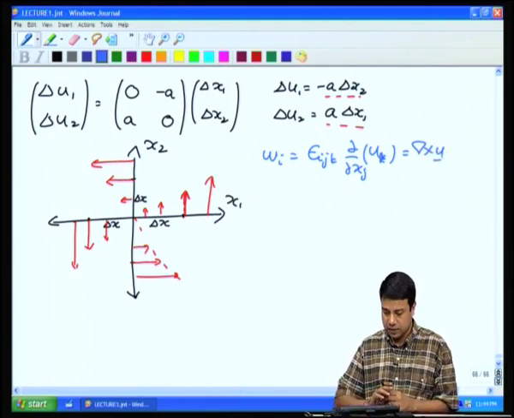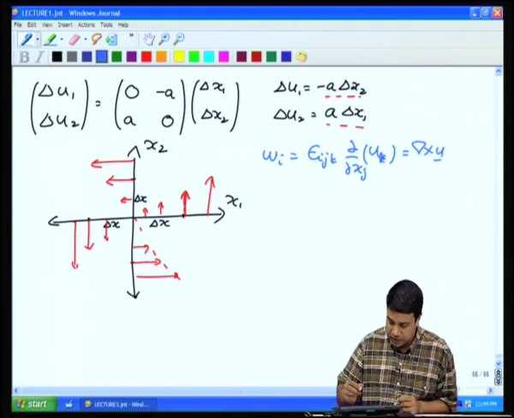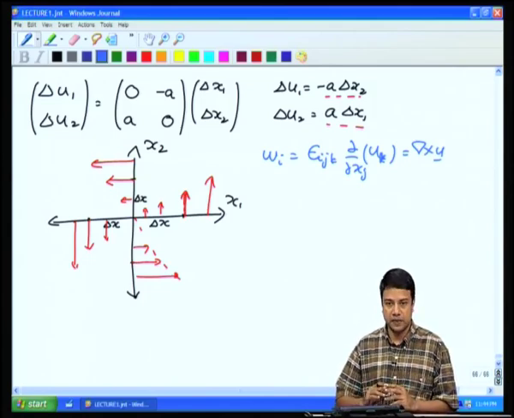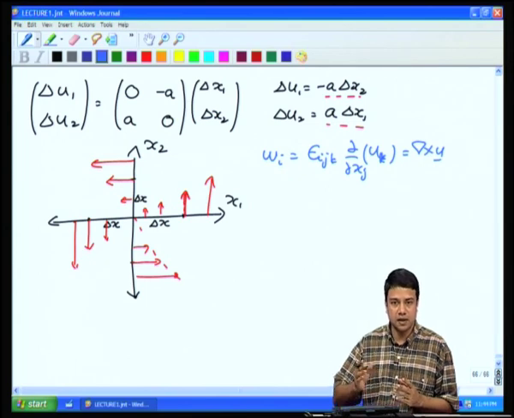Now, I can use a symmetry transform to write this differently. I have two repeated indices here, j and k. They are repeated, they are summed over 1 to 3. So, I can very easily interchange j and k, and the result will be the same, because j and k are just indices that are summed over, they are dummy indices.